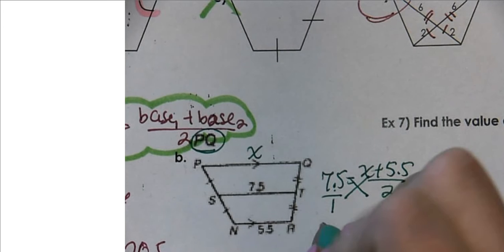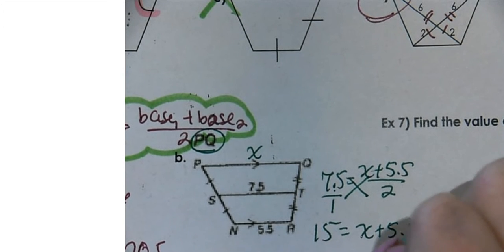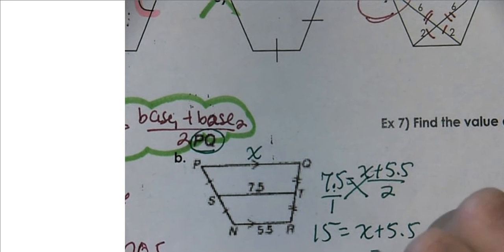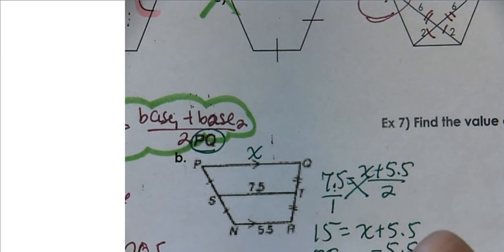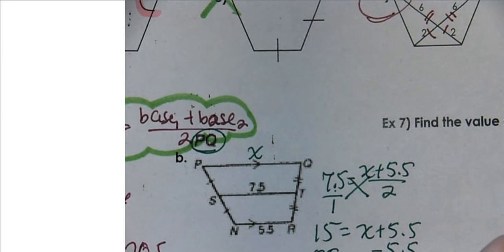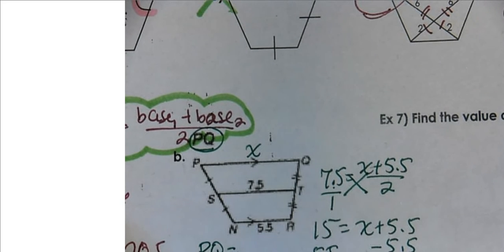And 2 times 7.5, that's 15, equals X plus 5.5. I'm going to subtract 5.5 on both sides. And when I do that, I end up with 9.5 is equal to X. So therefore, PQ is equal to 9.5.